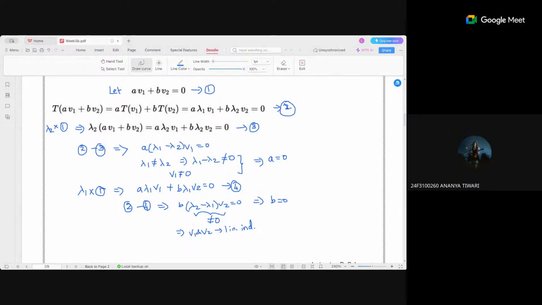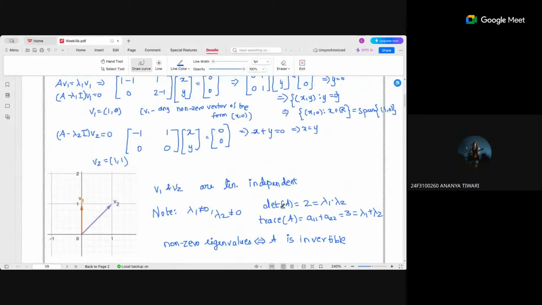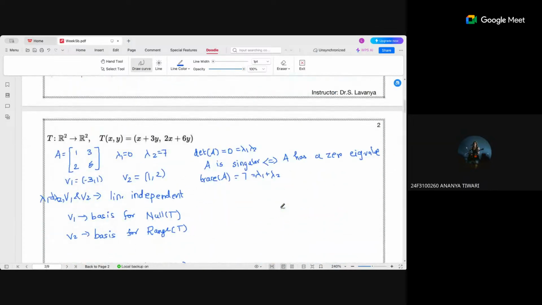Ma'am, I had one question about the earlier example, where we got the matrix determinant as 0. In this type of question, can't we say that if the determinant is 0, they are linearly dependent? No, that's not right. That's why I took this specific example.